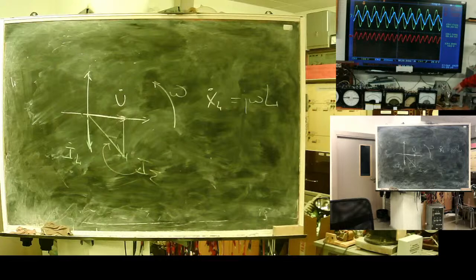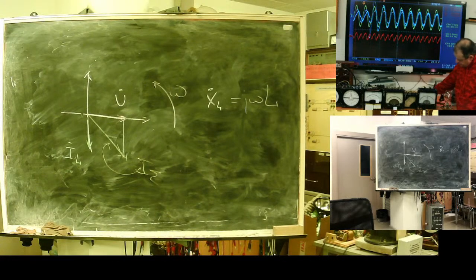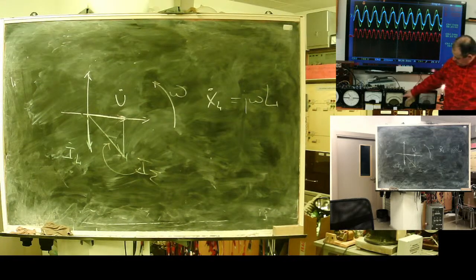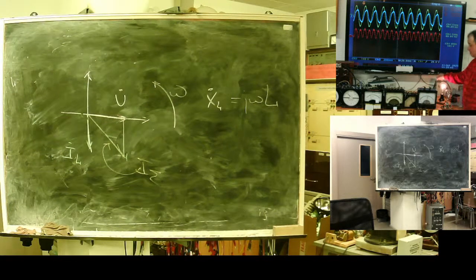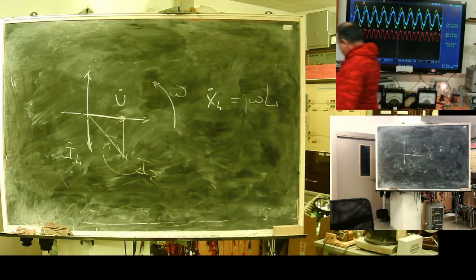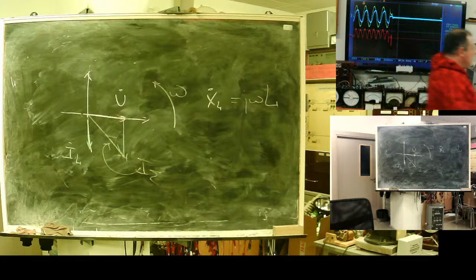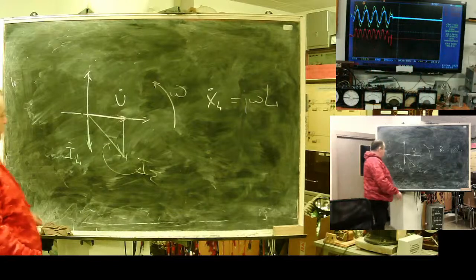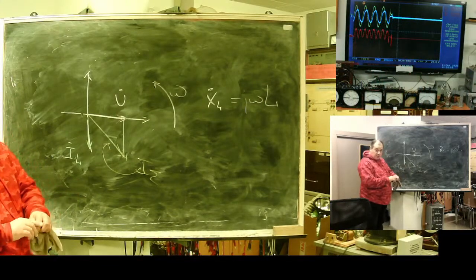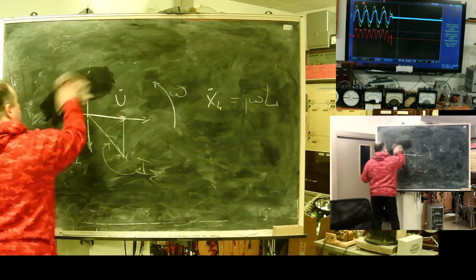Come on. Use 0.8. All together, the same thing. We need a vectorial sum. There is one more element. Mutual inductance.